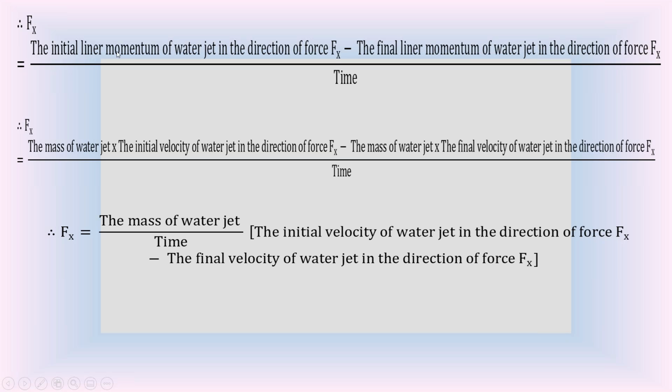So the initial linear momentum of water jet in the direction of force Fx is the mass of water jet into the initial velocity of water jet in the direction of force Fx, because the linear momentum is equal to mass into velocity.